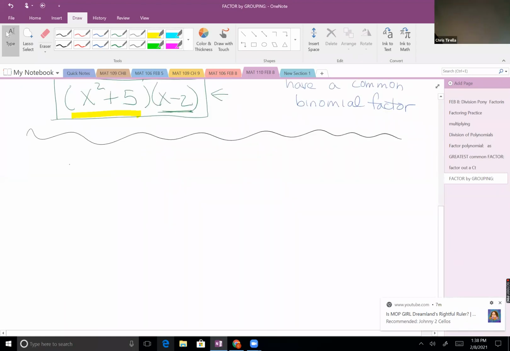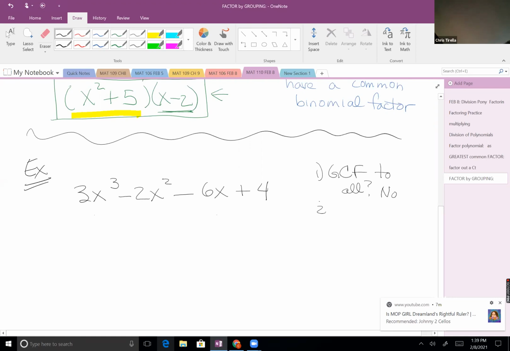So let's look at another example. Let's look at 3x cubed minus 2x squared minus 6x plus 4. Is there an overall greatest common factor to all the terms? Anything that divides all 4 terms?